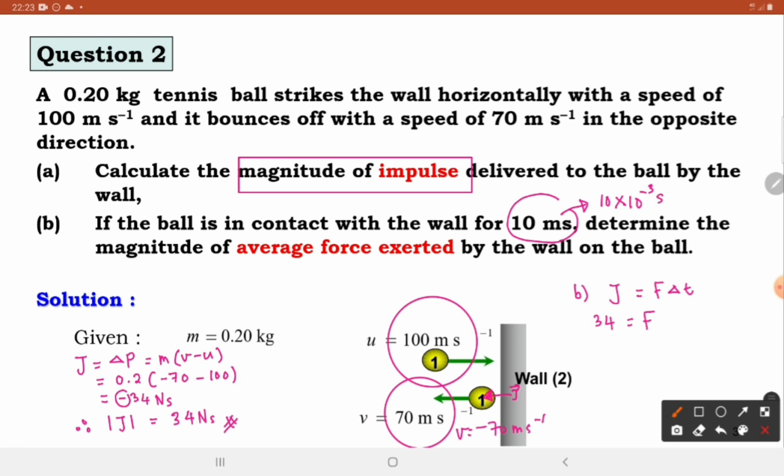Substitute the value, and finally you will get the average force exerted by the wall on the ball as 3,400 Newton. This represents the magnitude of the average force exerted by the wall on the ball.